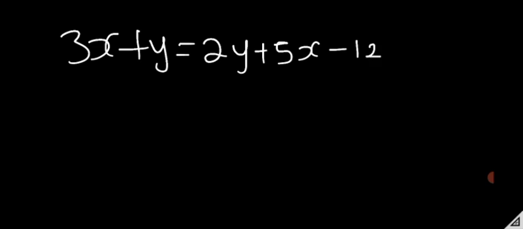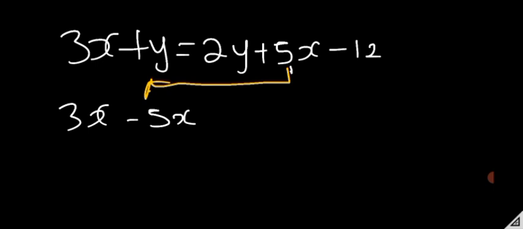We bring variables to one side and constants to the other side. So in this case, we have 3x. When we bring this 5x to this side of the equation, it becomes minus 5x.